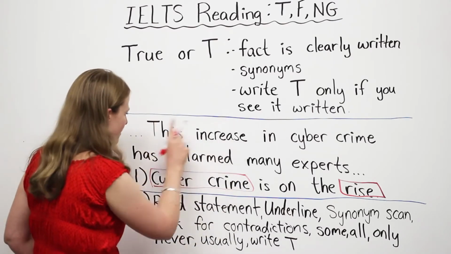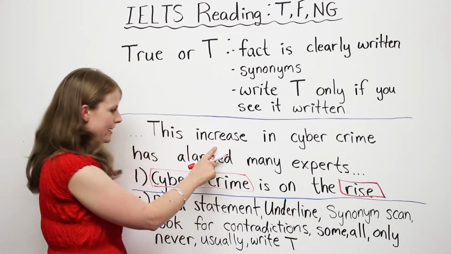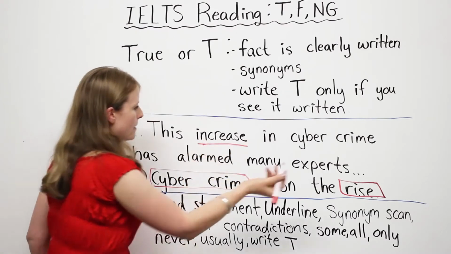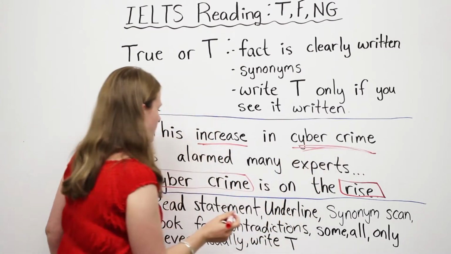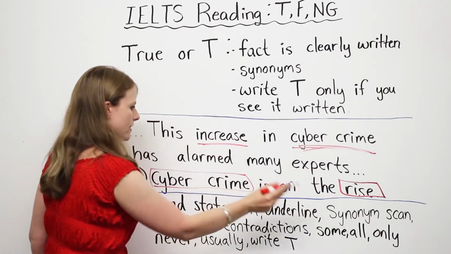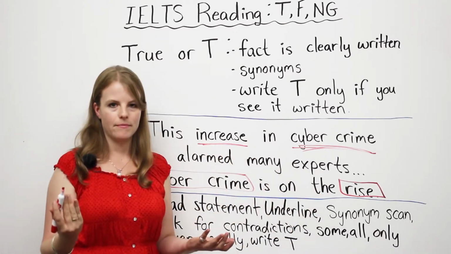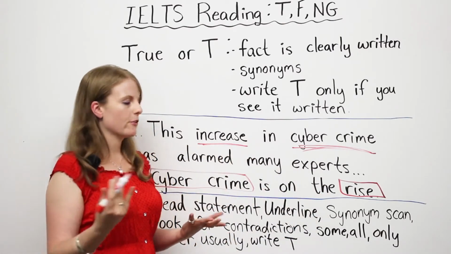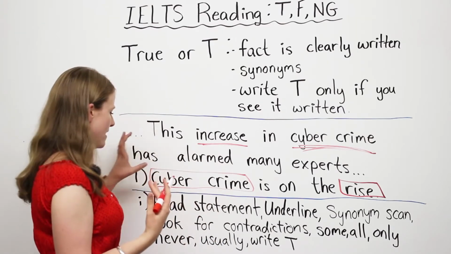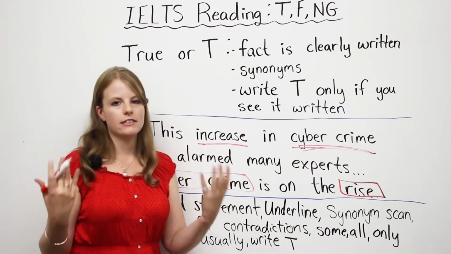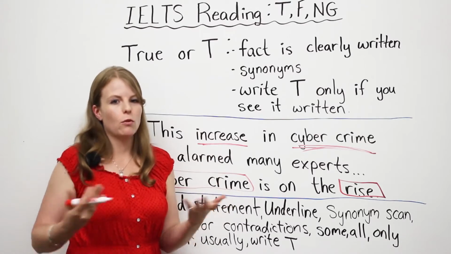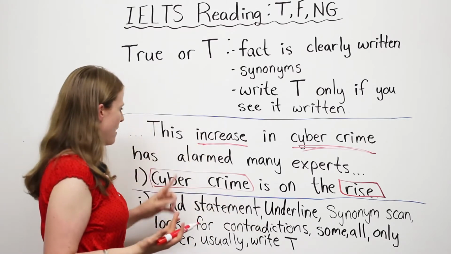Okay, so let's see if we can find cybercrime or rise. So I would scan the passage. Oh, the word increase. Cybercrime. So rise, increase. Okay, so I found the synonym. Now it's important for me to read very carefully to see if there's any contradictions. What does the sentence say? Does it really match?